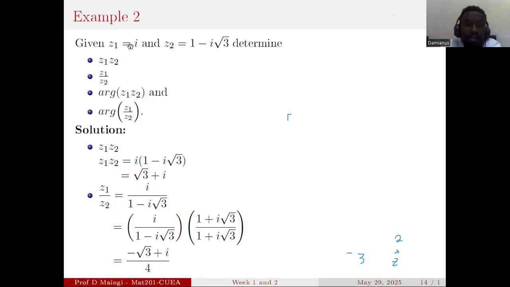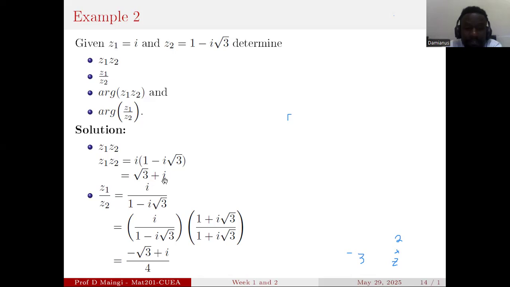If you multiply z1 times z2, you can do the multiplication straightforwardly. i times 1 is i, and then i times minus i root 3 becomes root 3. So it's just root 3 plus i.